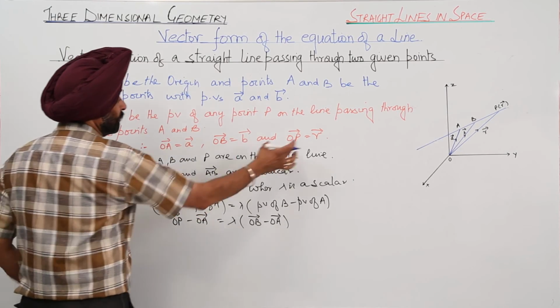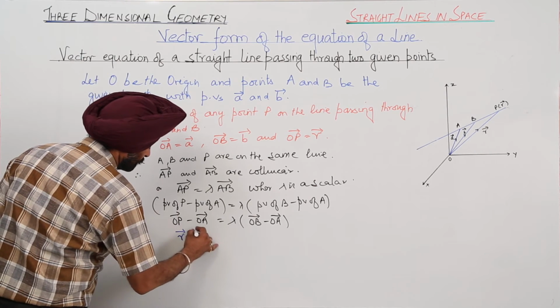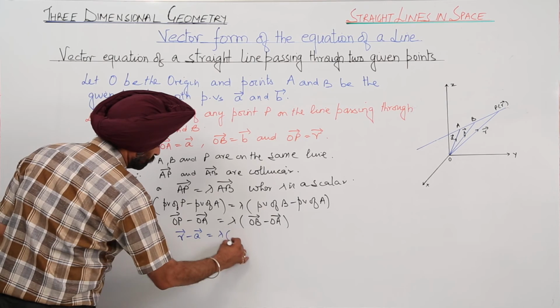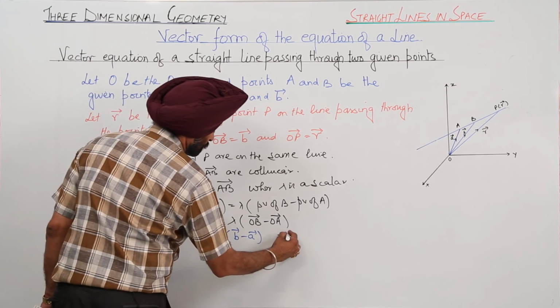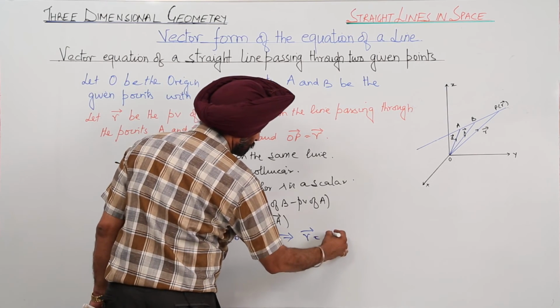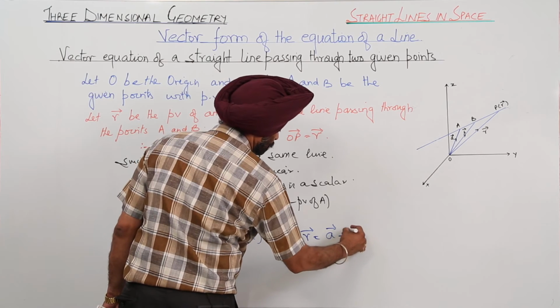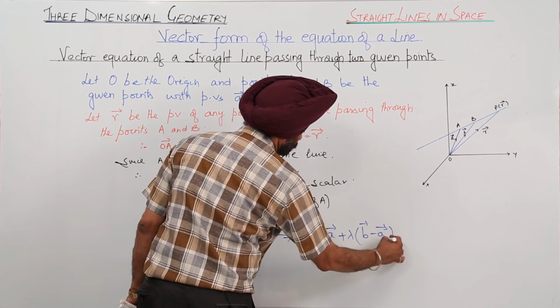Now, vector OP we have written, it is vector R minus vector A is equal to lambda vector B minus vector A, and this implies vector R is equal to vector A plus lambda vector B minus vector A.